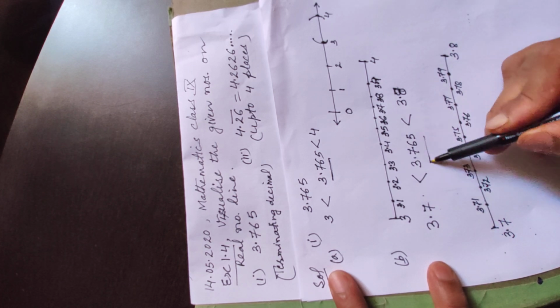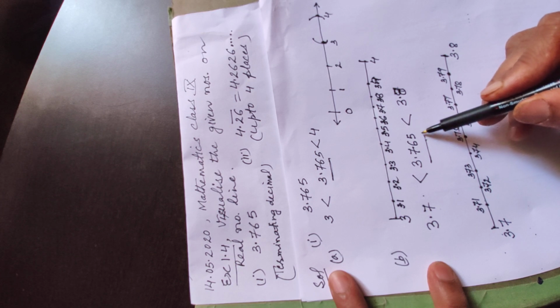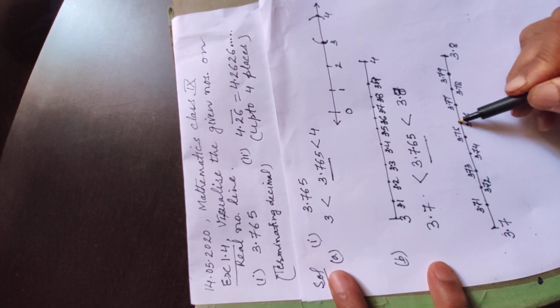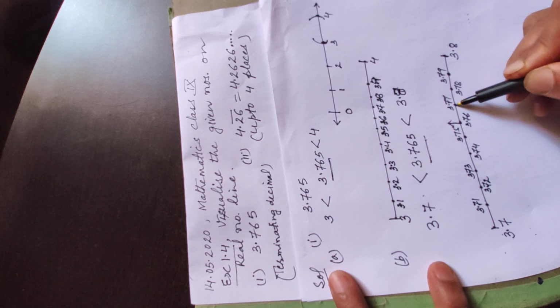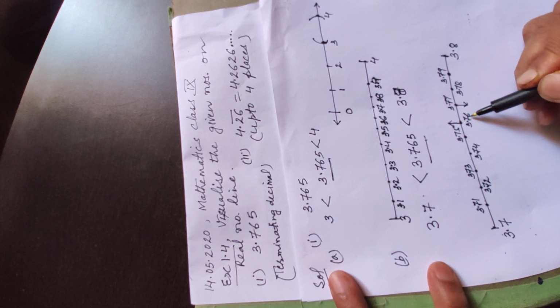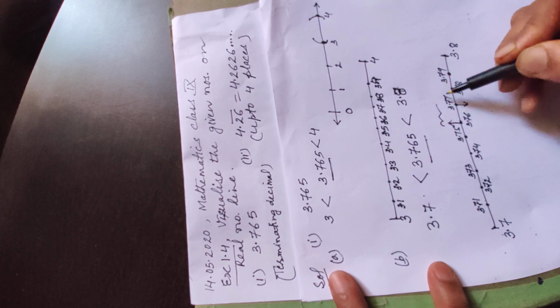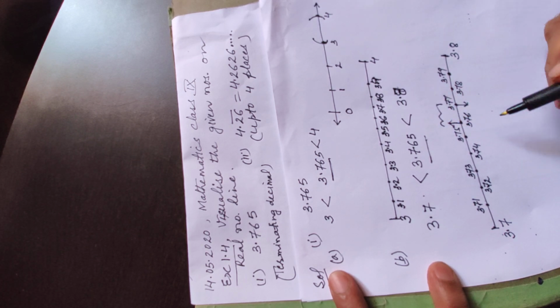Look at your number 3.765. So 3.765 lies between these two boundaries, 3.76 and 3.77. So this is the area where you have to focus now.